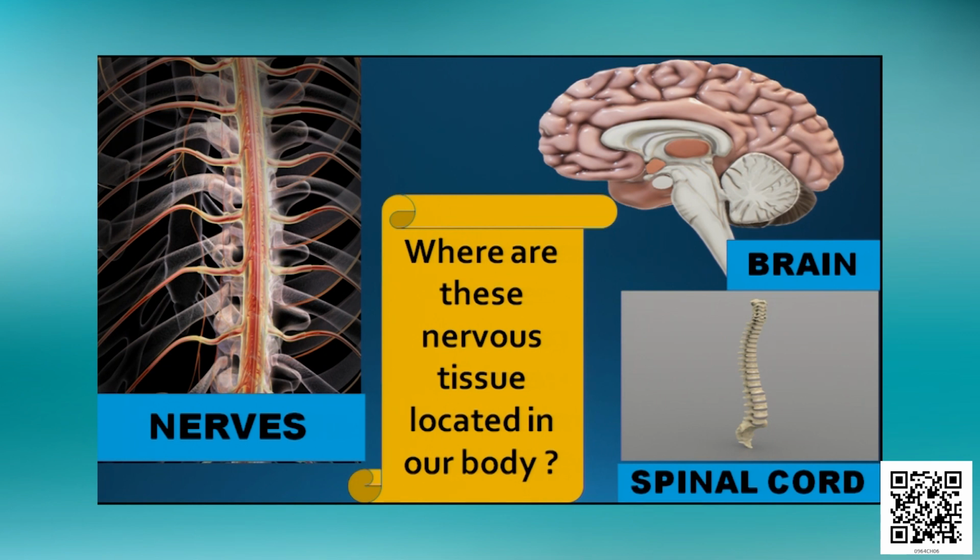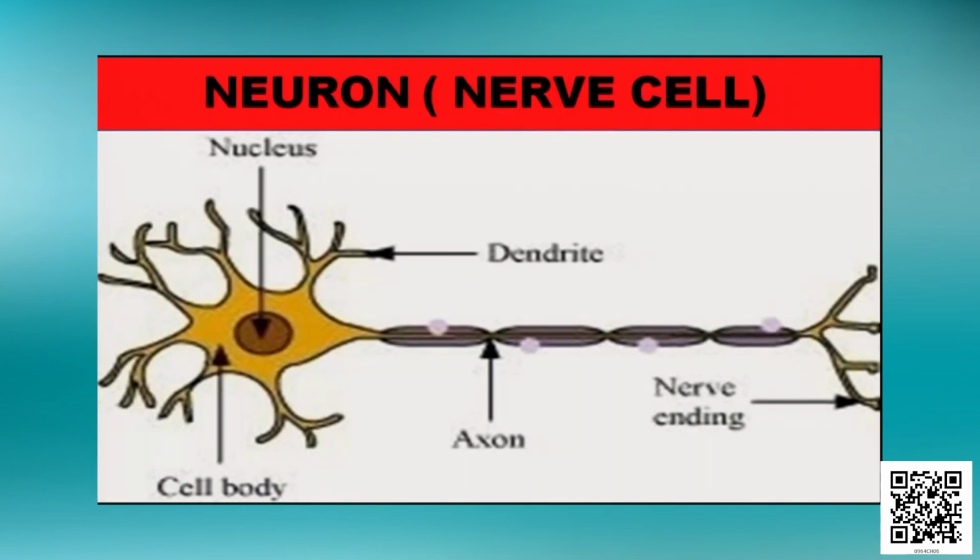So there are 3 parts of our body where the nervous tissue is mainly found: brain, spinal cord and nerves. A nerve is a tissue, so it is made up of cells, and the cell is called a neuron. It is also called a nerve cell. This is the structure of a nerve cell, and you know that it is the longest cell of the body.